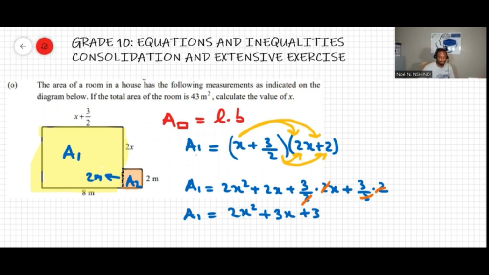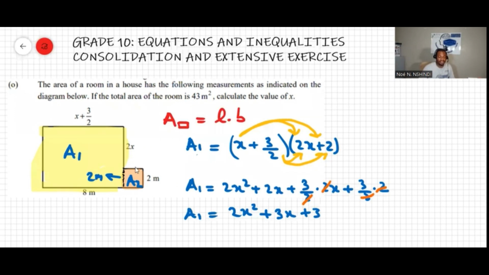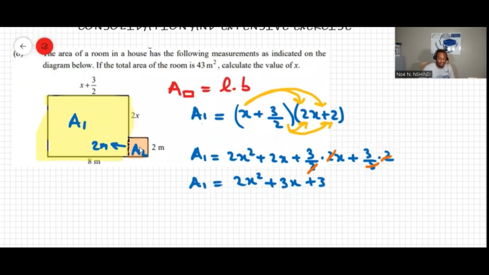Okay. Now area 2, the smaller area here. Because the whole thing here is 8 meters, and from there to there it's x plus 3 over 2 as that side, therefore this part here will be 8 minus x plus 3 over 2.